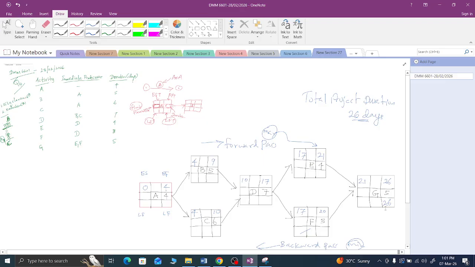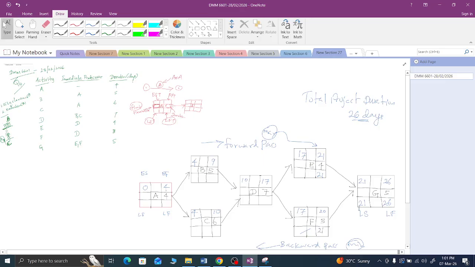So 26 minus 5 is 21. The latest you can start is day 21. The latest you can finish this one, you can start at day 21. 26 minus 5 is 21. So when you start on the 21st day, you must finish this one on that particular day too.